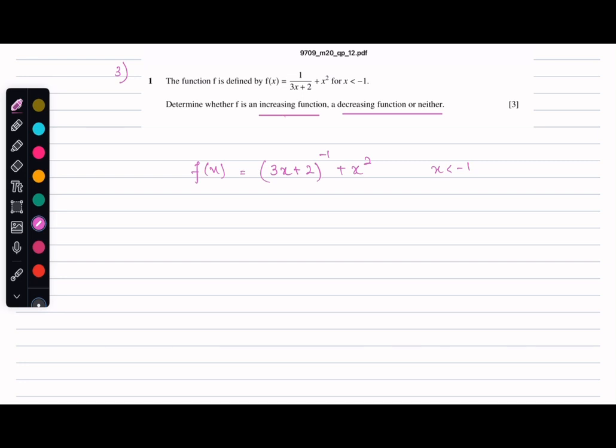To get f prime x, it should be negative 1 times (3x plus 2) to the power negative 2, and then I should be differentiating 3x plus 2, which gives 3, and then a plus 2x for the differential of x squared.